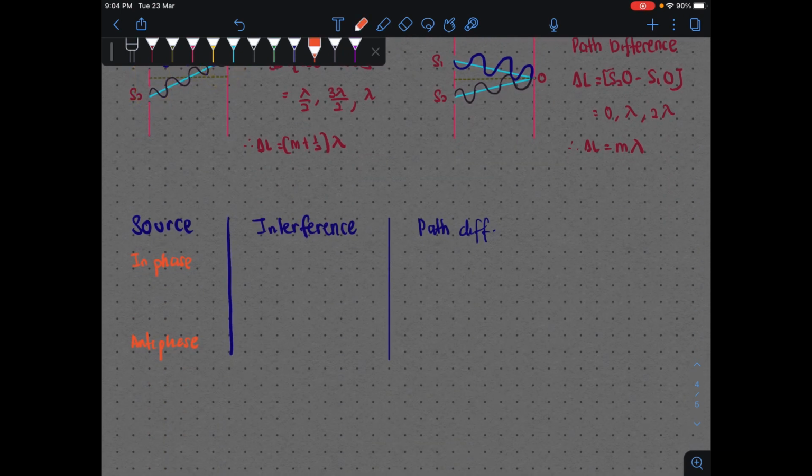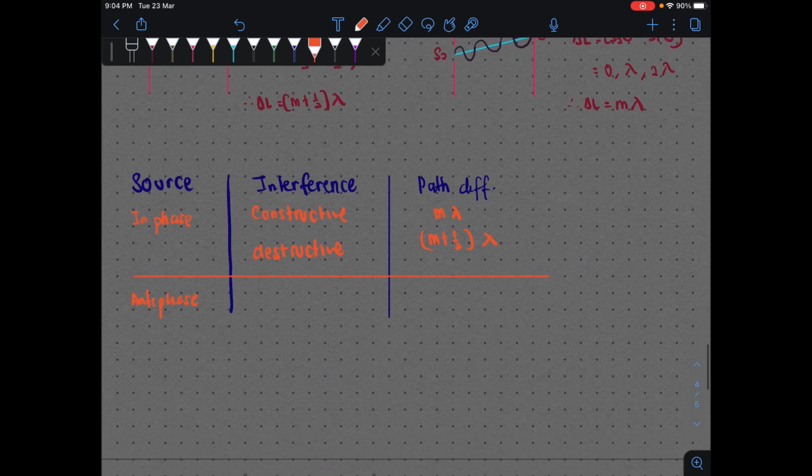So your in phase can have two types of interference, iaitu constructive ataupun destructive. Okay, for constructive interference, the path difference adalah sebanyak m lambda. For destructive interference, dia adalah m plus half lambda dekat sini. Alright, and then next kita ada antiphase dekat sini.